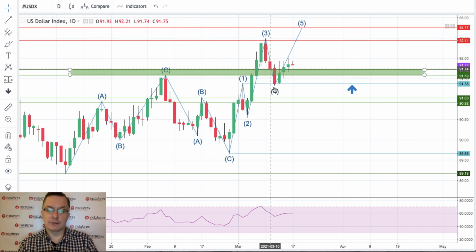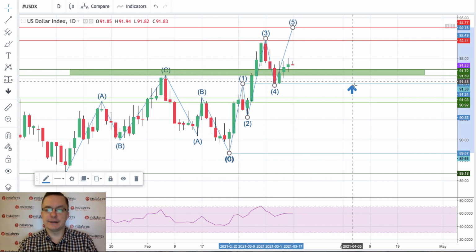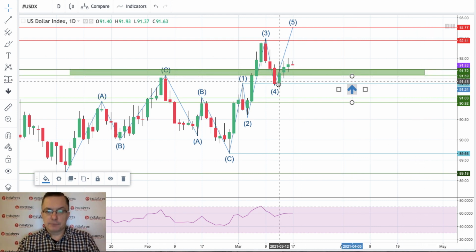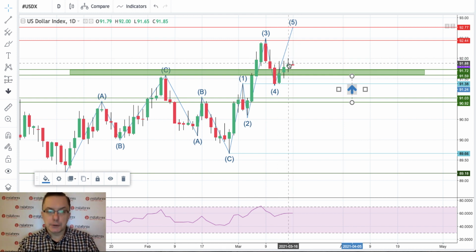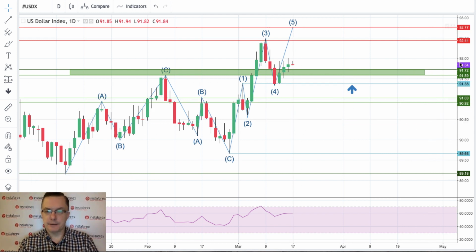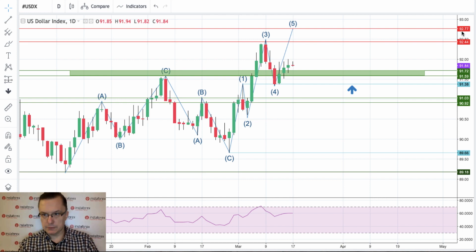We have labeled it as a wave 4, and I would leave it like this right now, because this Elliott wave scenario is still valid, despite the fact that we broke below the technical support. The price bounced around the level 92, and right now we are waiting for the last push to the upside, right? 92.77 is the target for now.